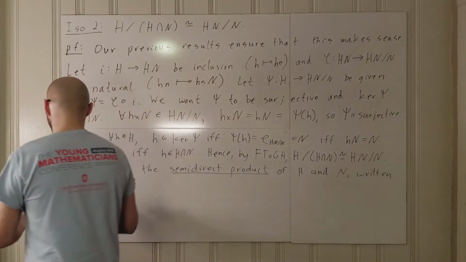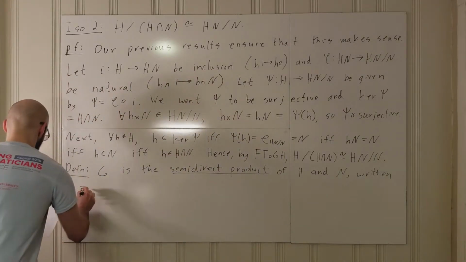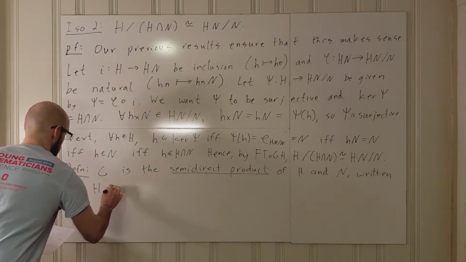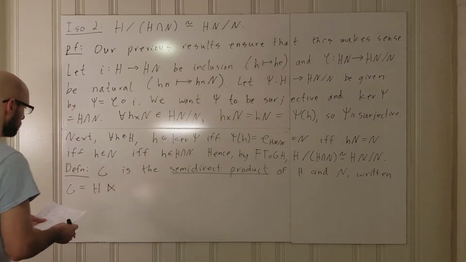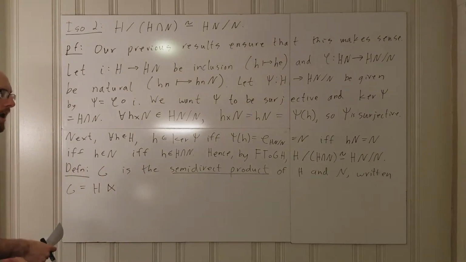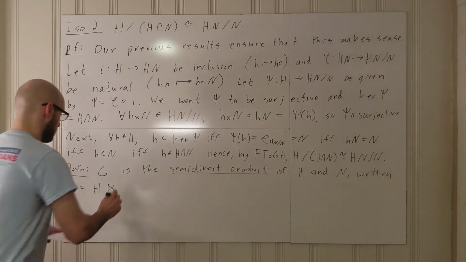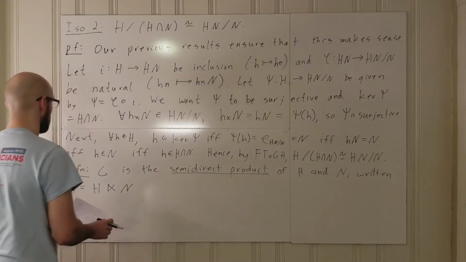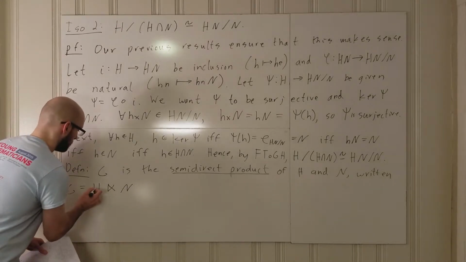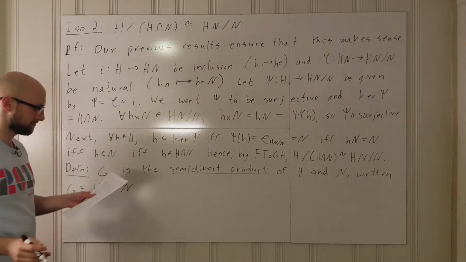We write it as G is equal to H and then this strange symbol, kind of like an alpha but angular, I guess. So H semi-direct product N.